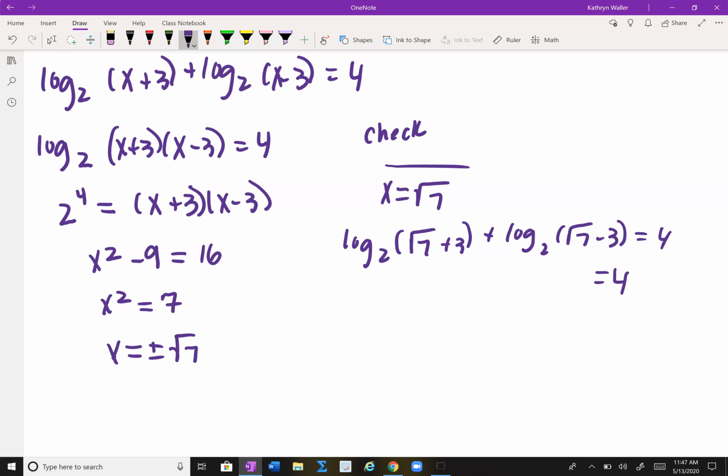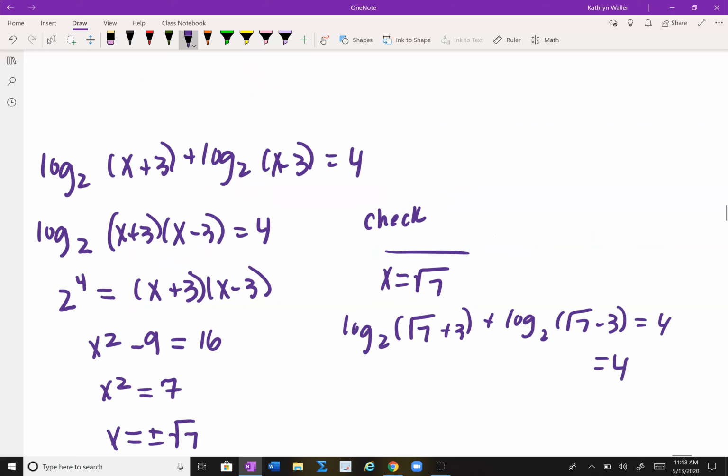Okay, so it's going to be log of the square root of 7, close it, plus 3, close it, divided by log 2, close it, plus log of the square root of 7, close it, minus 3, close it, divided by log 2, close it, enter. I got another error. I don't know what I'm doing wrong right there. Oh, that's weird. They got a different answer.